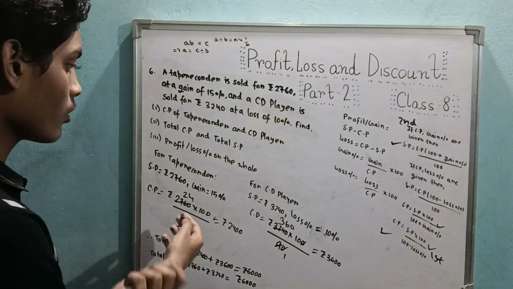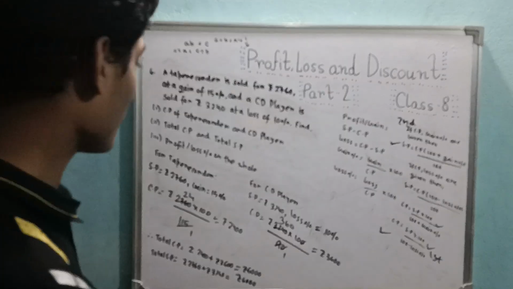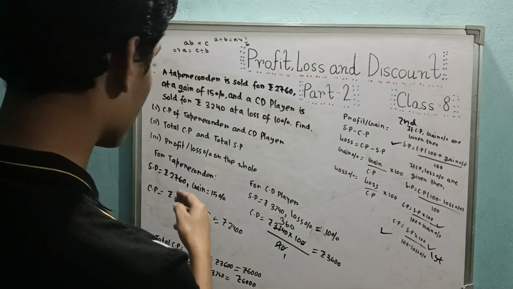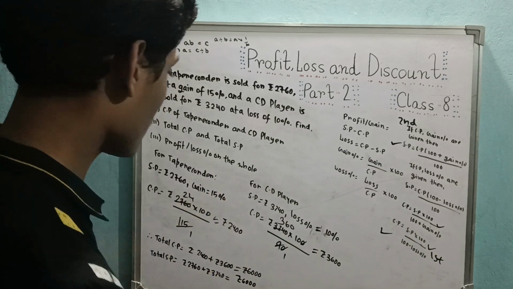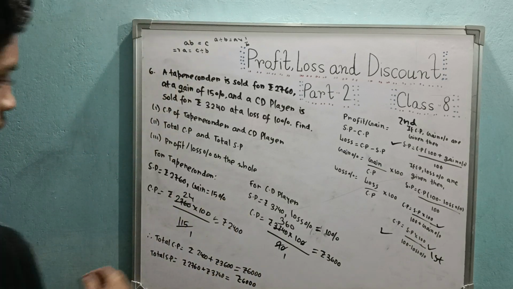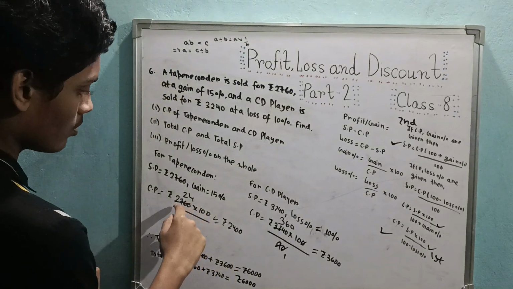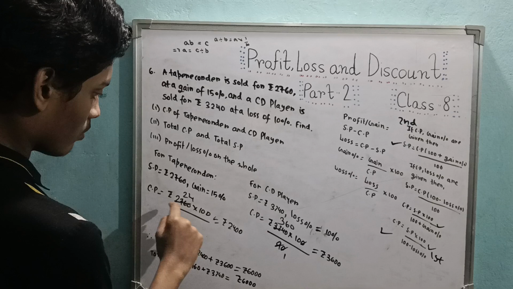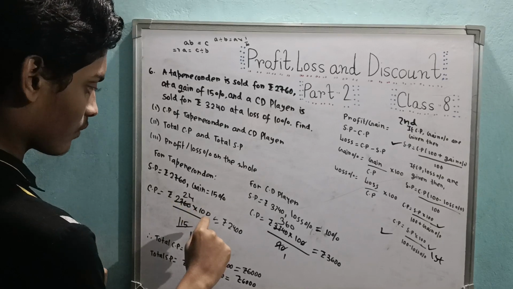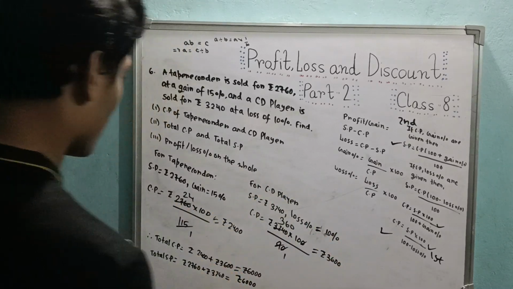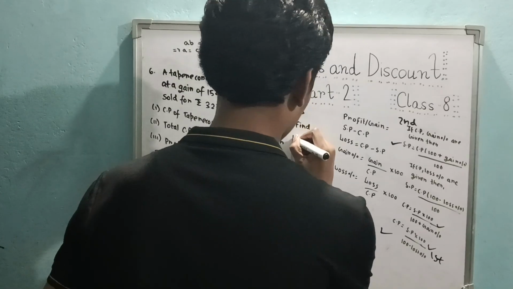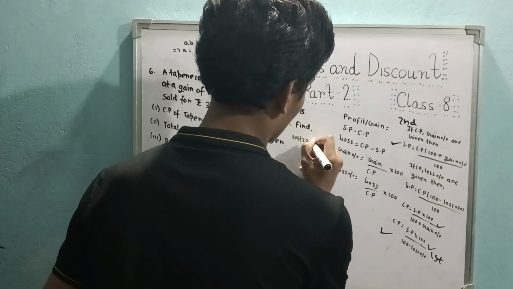So cost price will be SP multiplied by 100 by 100 plus gain percent. 100 plus 15, 115. Now if you just calculate, 2 and 4, and 6, 0, 24, 2400.